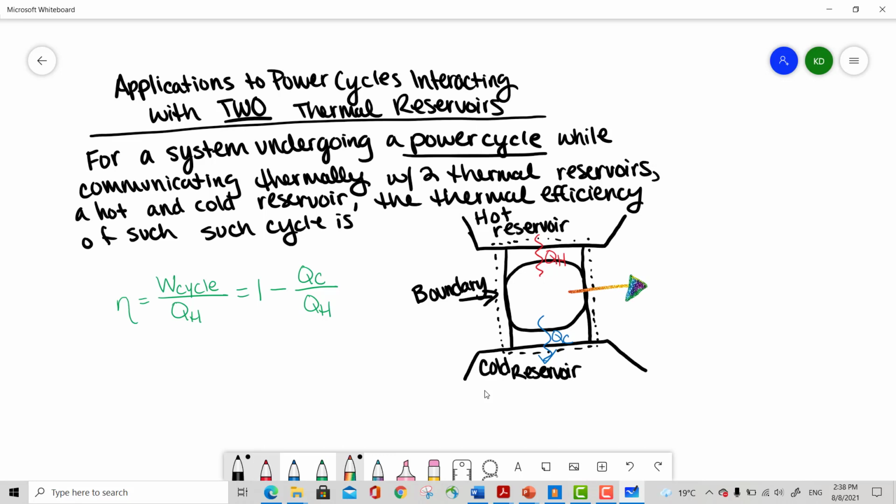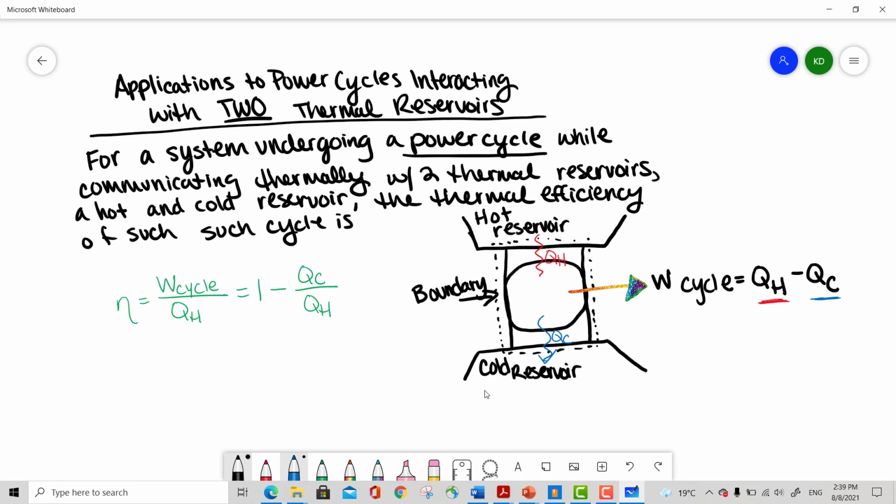Okay. So then we have the work of the cycle equal to heat transfer hot less heat transfer cold, right? So the difference, whatever we've got coming in right here, less coming out is what we've got for our work.